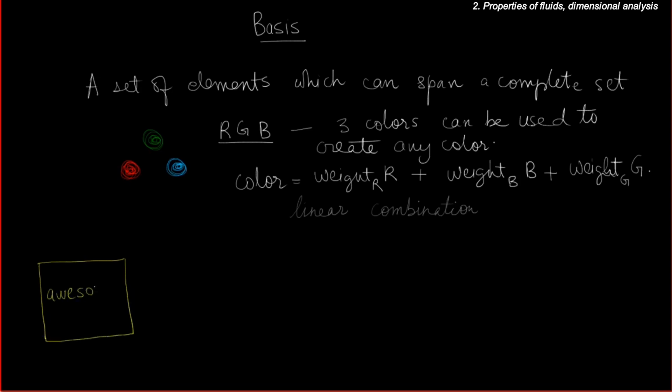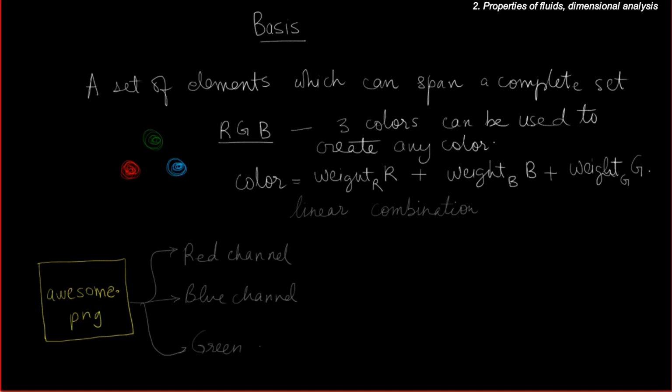When you look at the image with the help of any software such as GIMP or ImageJ or even MATLAB or OpenCV, you will see that that particular image has three channels: a red channel, a blue channel and a green channel, meaning each pixel is comprised of three different weights for red, blue and green.